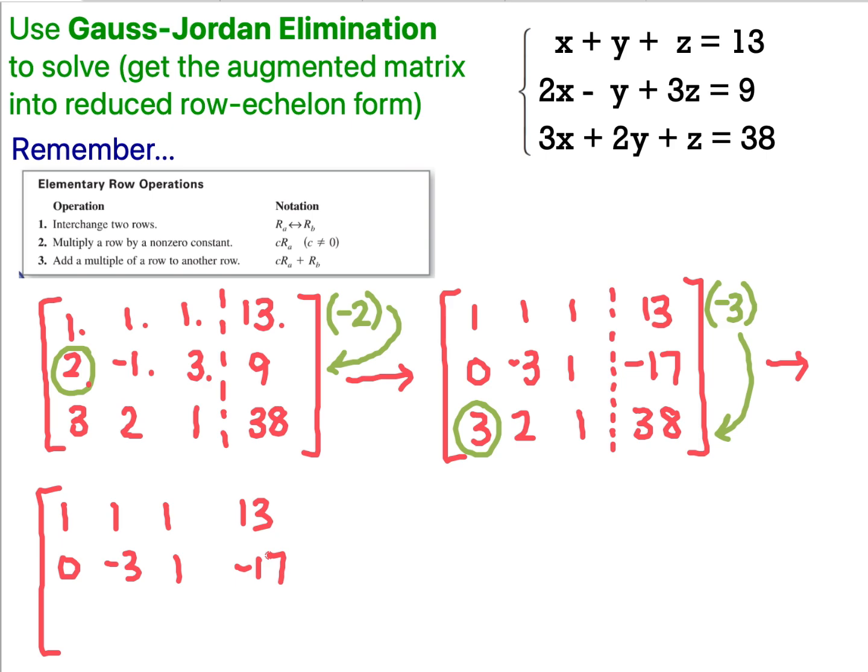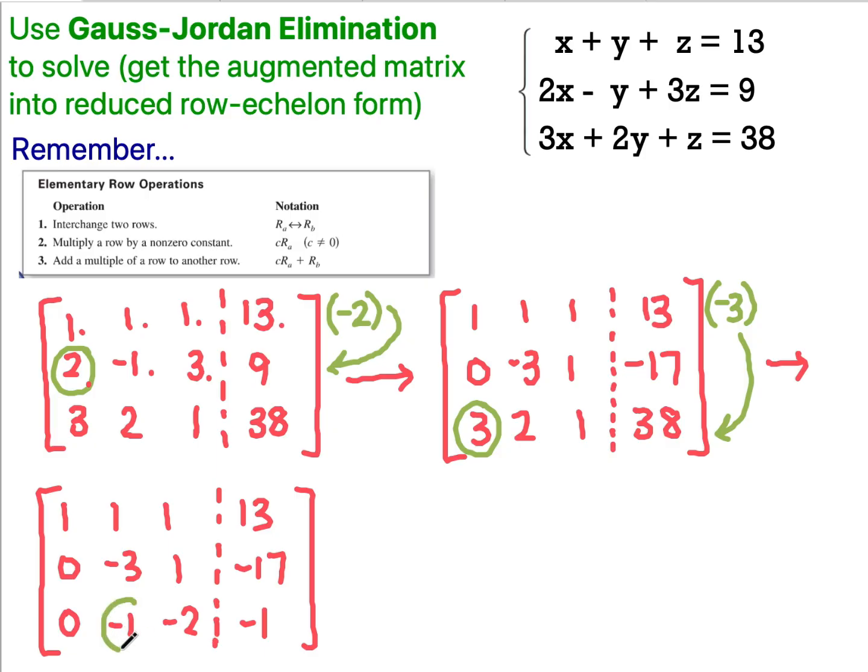And the bottom row is going to be the top times -3 plus the bottom. -3 plus 2, -3 plus 1, -39 plus 38. Whew. Great.